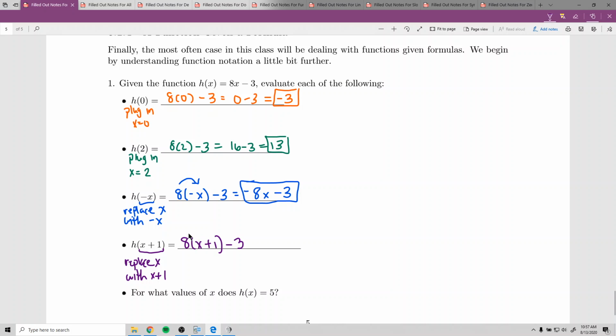Then distribute that 8 through, just like we did with the one previous, and we get 8x plus 8, then minus 3 at the end. And 8 minus 3 is 5. So we got 8x minus 5. And you must simplify these. If you leave this as your answer, it's not going to be marked correct.